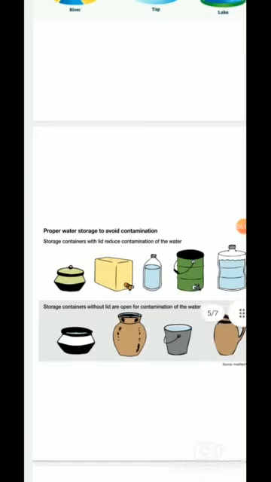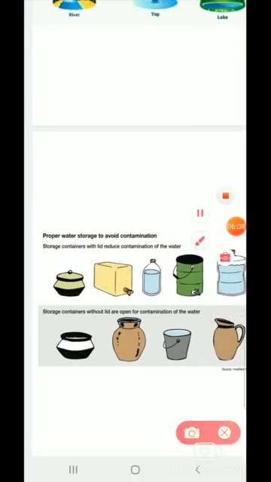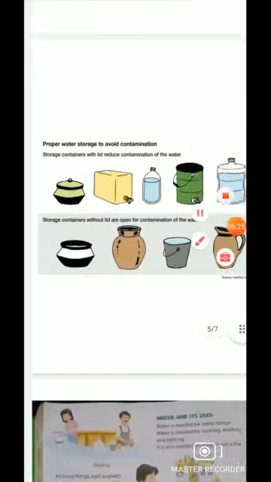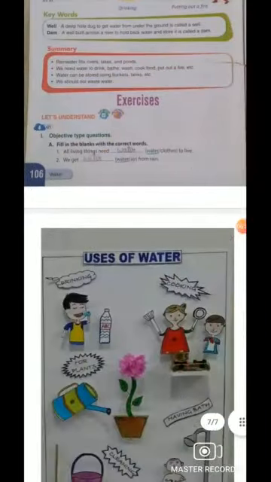Storage of water: pot, tank, bottle and can. We should fill the water in a covered pot or container.